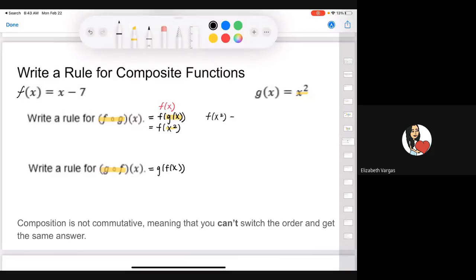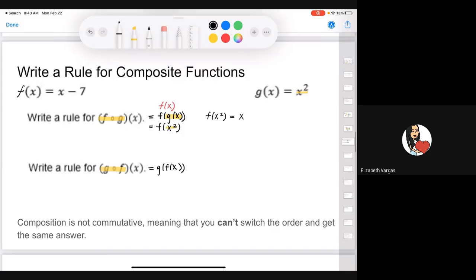So now we have F of x squared equals, what is our F(x)? Our original F(x) is x minus 7. And now what we can go ahead and do is plug in x squared for x, like we do whenever we have a value for x. All you do is plug it in. And what we see there is we result in a new equation, and that's the equation which will represent our composite.